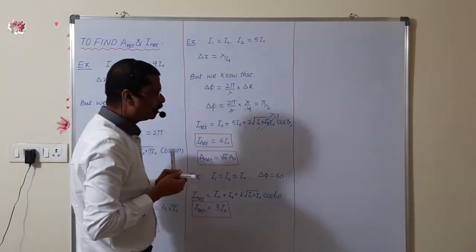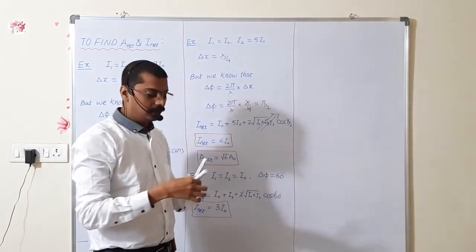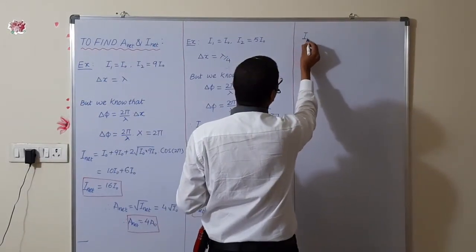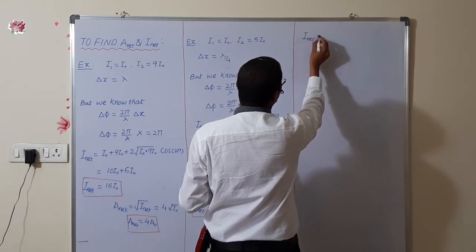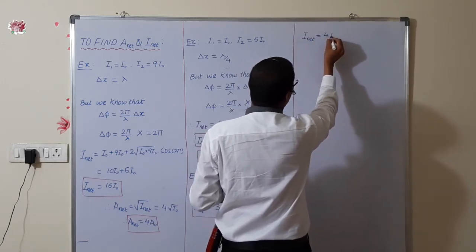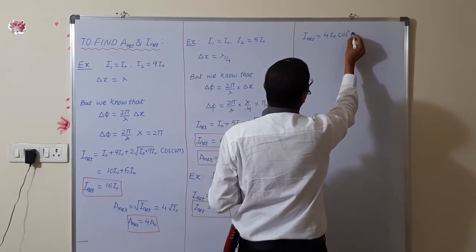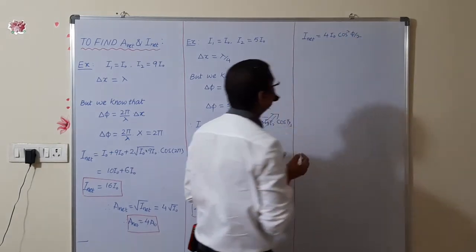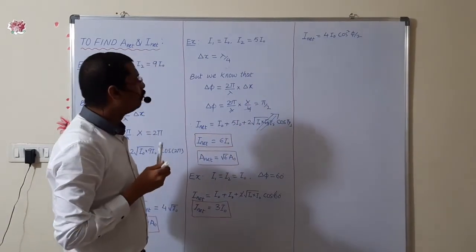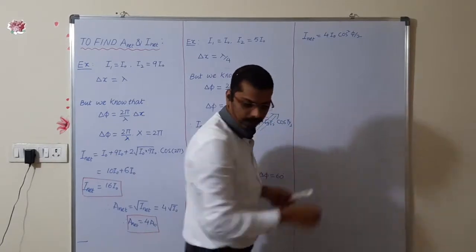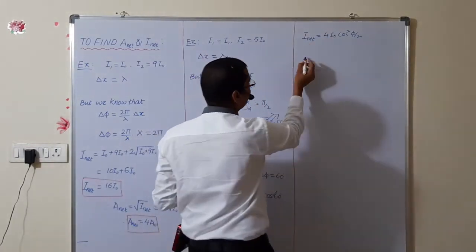Otherwise, whenever the two intensities are equal, we have one formula to find I net. That formula is I net is equal to 4 I naught cos square phi by 2. By using this formula also we can find it.